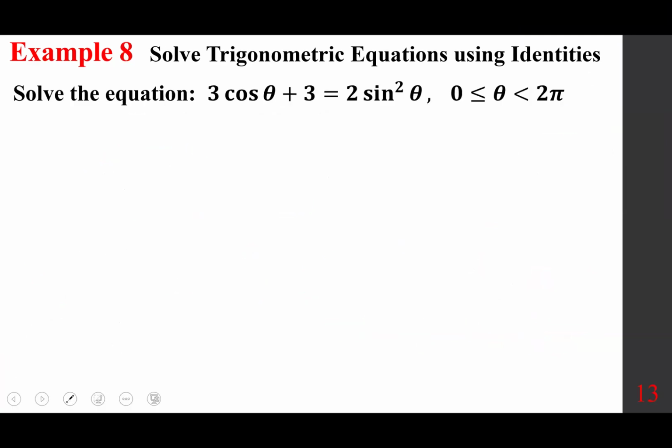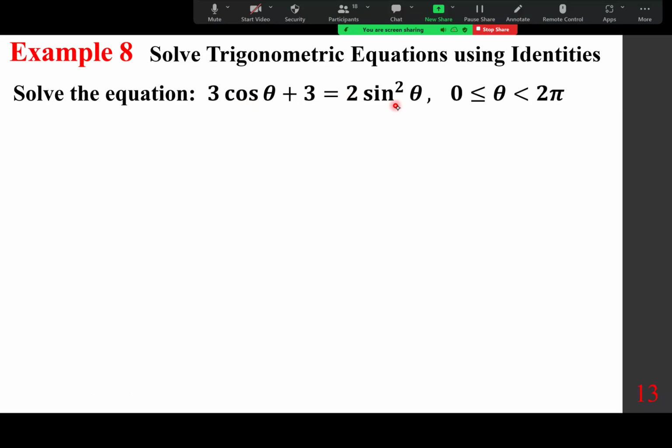We're going to move on. Again, we notice we have cosine and sine squared. Because this is cosine theta, degree 1, we're going to change the sine squared to 1 minus cosine squared.